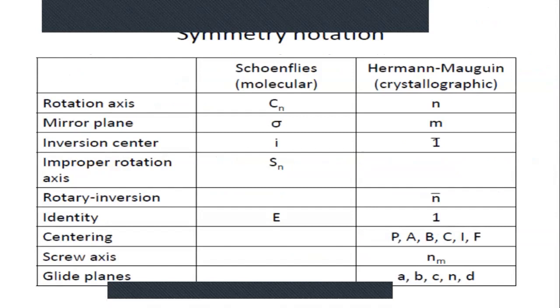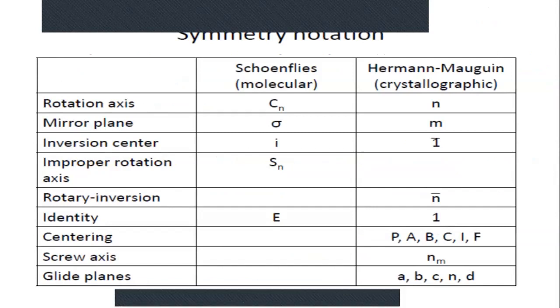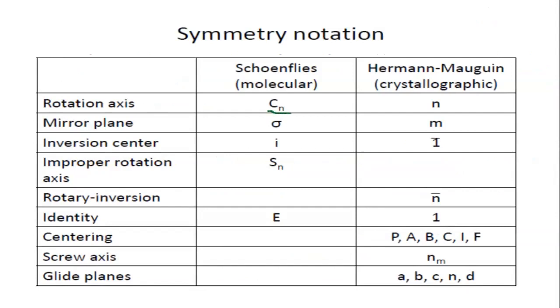To show you the slight differences in notation that we use for the different types of symmetry elements. From descriptive or inorganic chemistry, when we talk about point symmetry, a rotational axis is Cn. So a twofold would be C2.